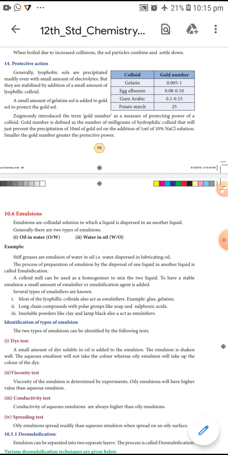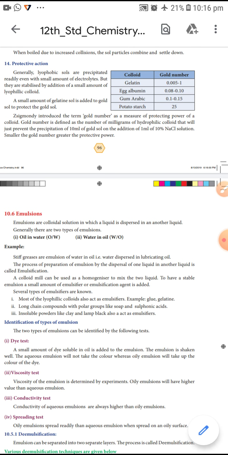Gold number is defined as the number of milligrams of hydrophilic colloid that will just prevent the precipitation of 10 ml of gold sol on the addition of 1 ml of 10% sodium chloride solution.